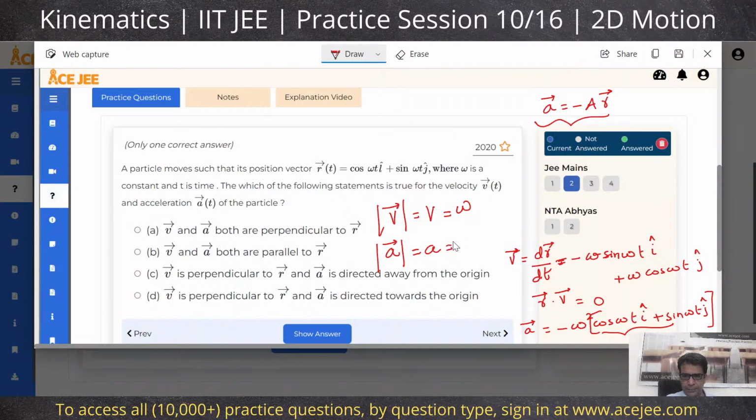Omega square. Now, if we had instead of the radius being 1, if we had it a, then everywhere you will get a.